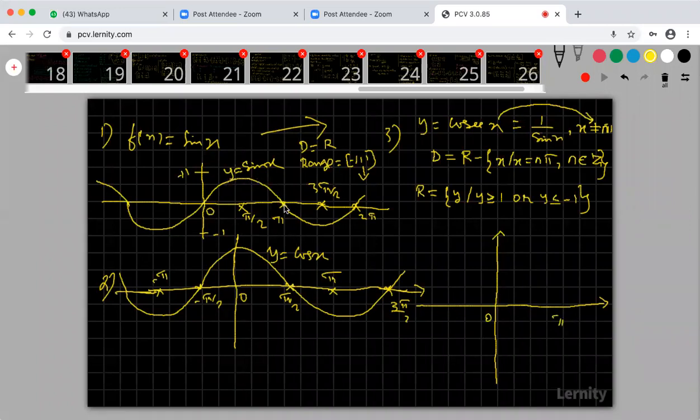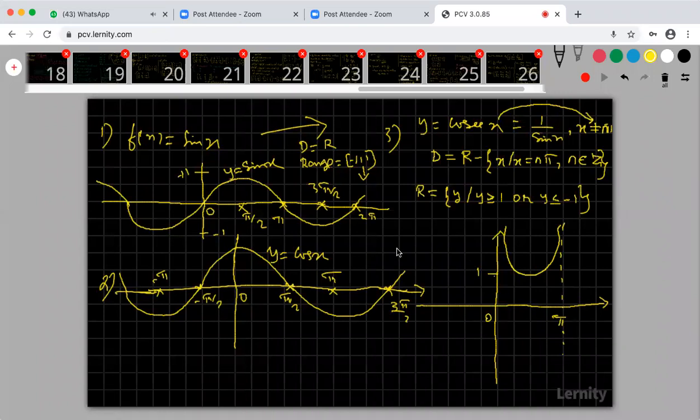But your cosecant x curve, this is 1, comes like this because it is a reciprocal function. So this is pi.